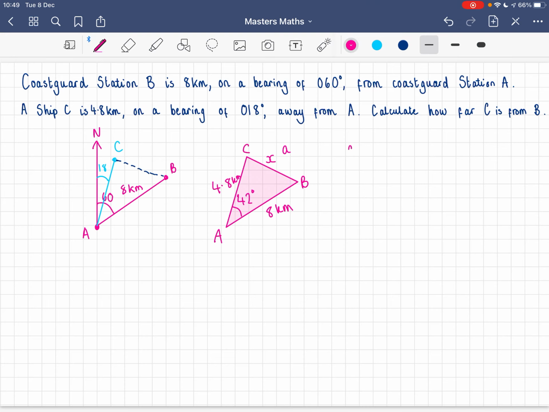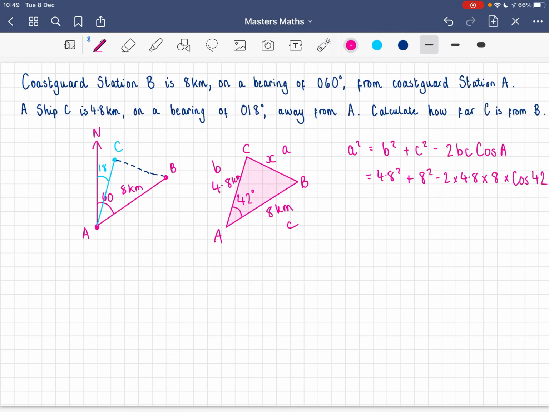So remember, our formula is a squared equals b squared plus c squared minus 2bc cos A. Put in what I know. So I'm going to say this is b and this is c. So 4.8 squared plus 8 squared minus 2 times 4.8 times 8 times cos 42.